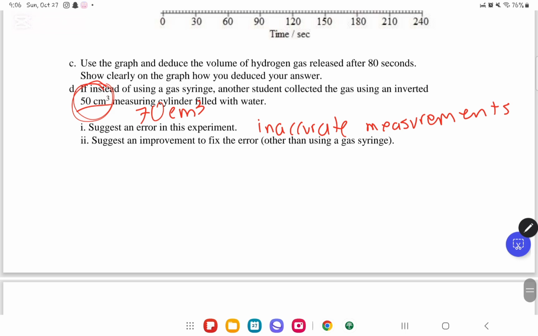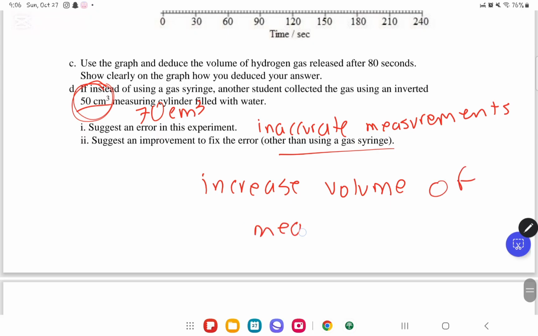They told us to suggest an improvement to fix the error other than using a gas syringe. Very simply, increase the volume of the measuring cylinder.